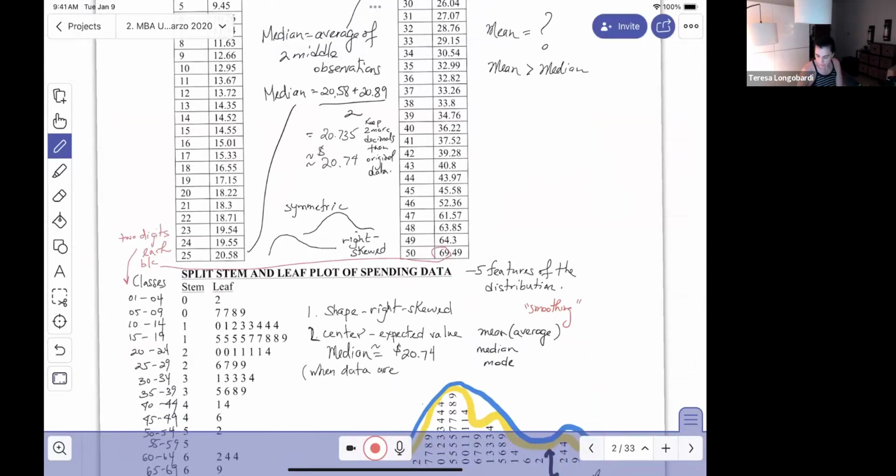When data are skewed or the distribution is skewed, we use the median. There's another document. Let me check if I put it in there.